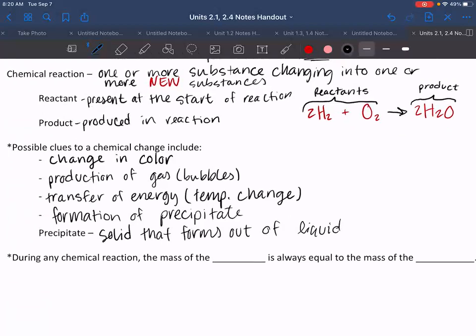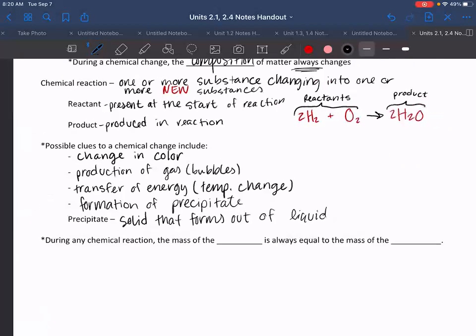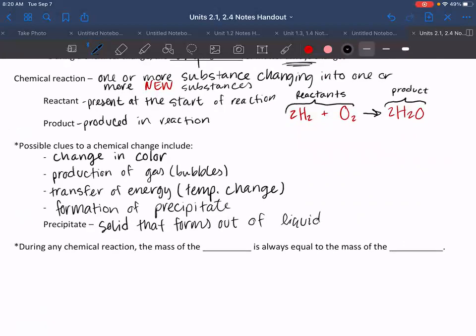So this next bullet point is the one thing I want you to take out of any of your science classes, especially this one. During any chemical reaction, the mass of the products is always equal to the mass of the reactants. Does anyone remember what that special law is?